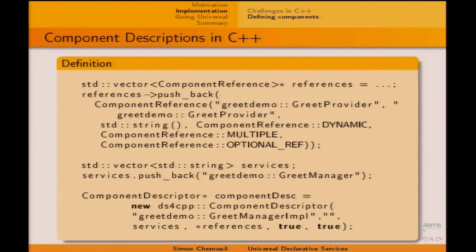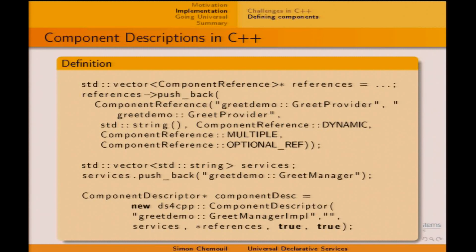Here I say, here are the services that I provide. I provide greeting manager. So these are C++ namespaces, as you see. This is like the package name, and this is the service name. And I imagine that we can just replace this by a single dot. If you come from Java, it's the same. And then I create the descriptor, and I somehow get my component manager service, and I register it, and I say where it comes from.